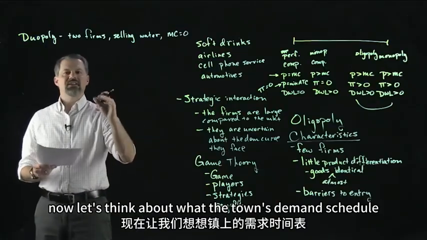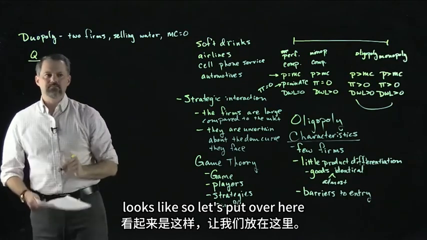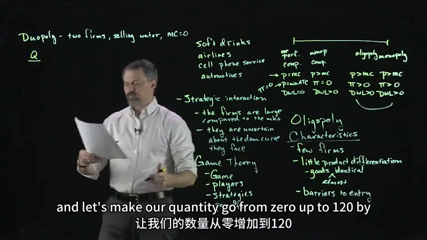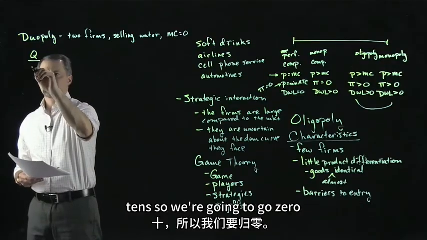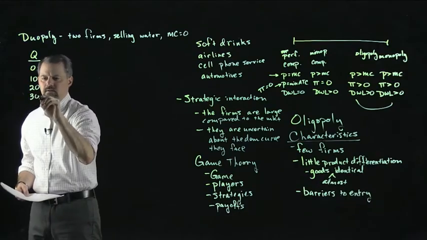Now let's think about what the town's demand schedule looks like. So let's put over here quantity, and let's make our quantity go from 0 up to 120 by tens. So we're going to go 0, 10, 20, up to 120.